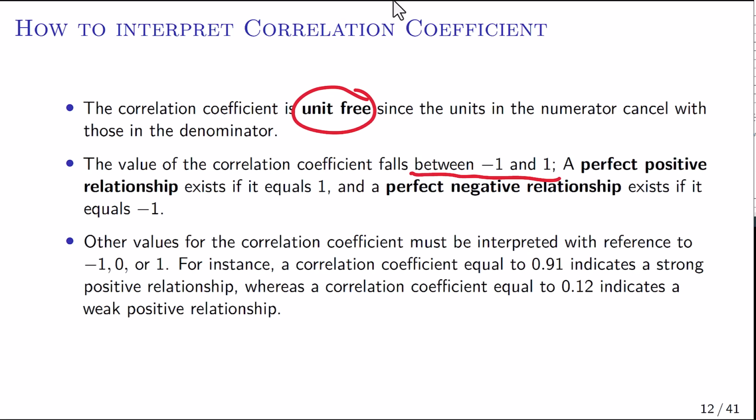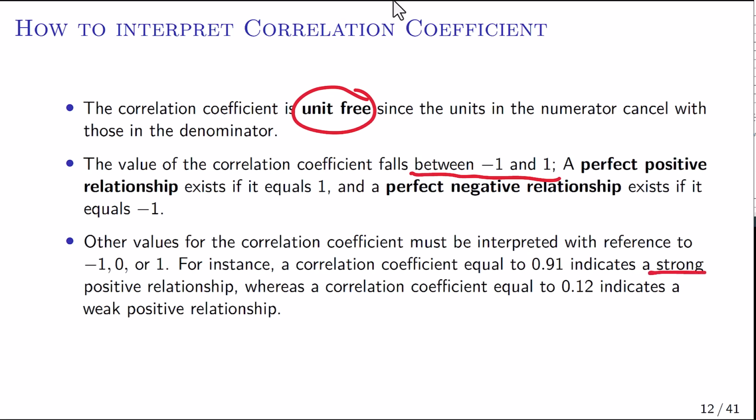This is the same as the sample covariance, right? Because the sample covariance can also be an indicator of the direction, either positive or negative, depending on whether it's a positive value or negative value. But other than that, the correlation coefficient also gives us the strength.